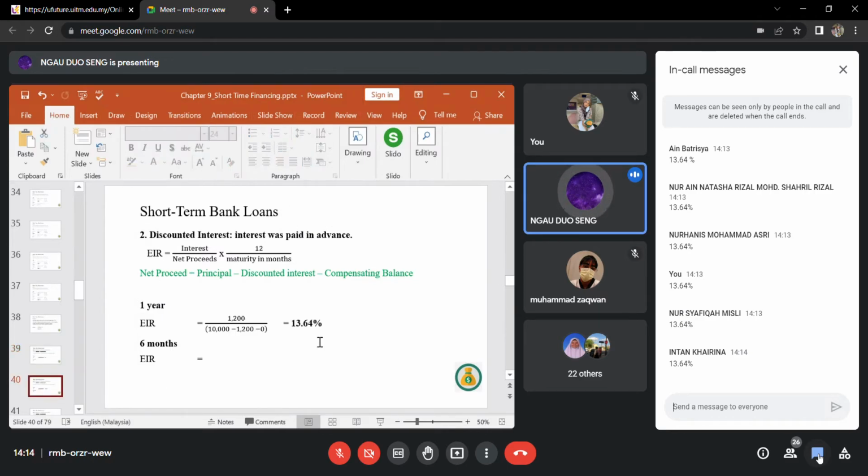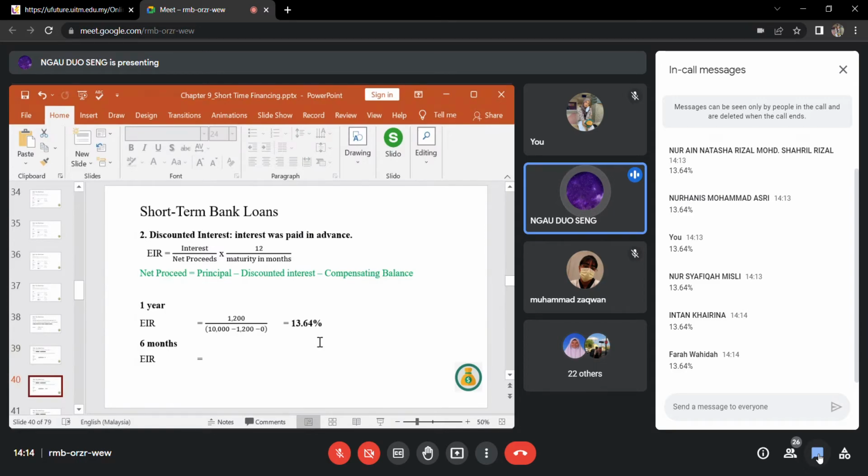Okay, so we check equal to 13.64, equal to 13.64%.